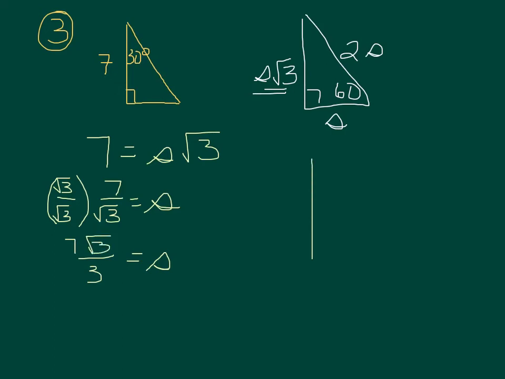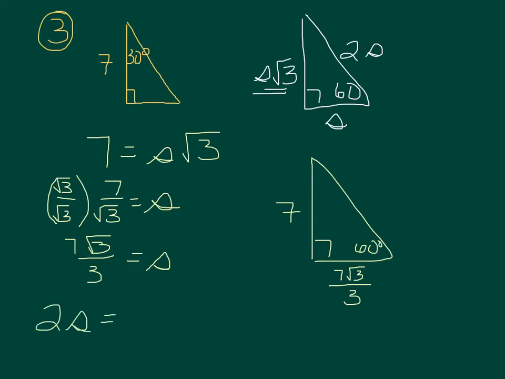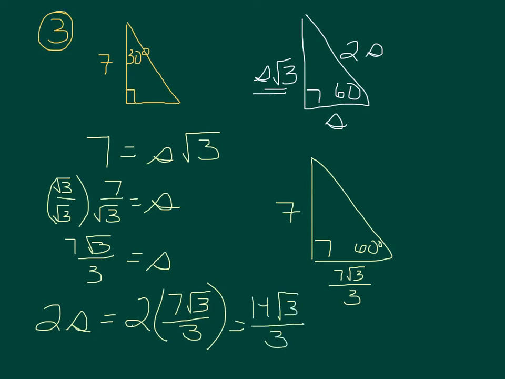And so that tells us that if this side of this 30, 60, 90 right triangle is 7, then the short side is 7 root 3 over 3, and then we want to multiply to get 2s. 2s is equal to twice 7 root 3 over 3, which will give us 14 root 3 over 3.